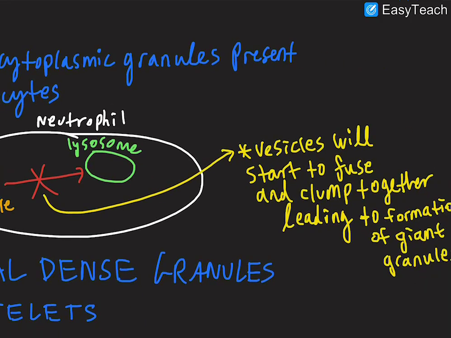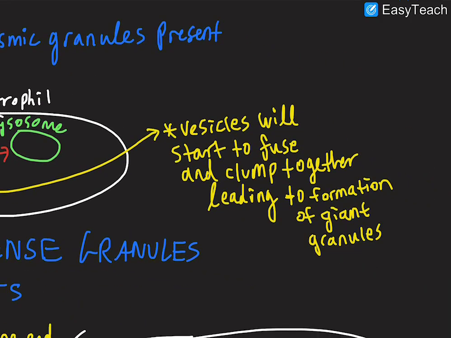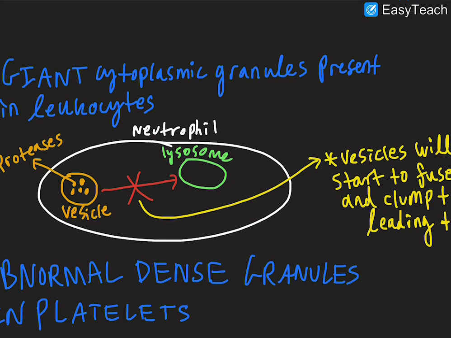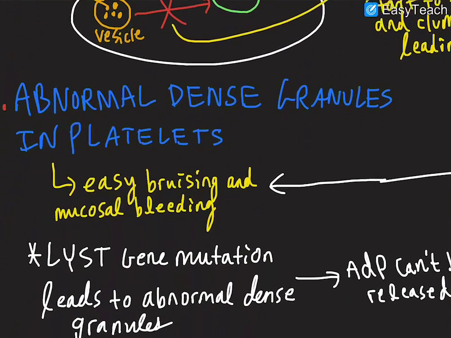Okay, so if you can't move around vesicles or granules properly, your vesicles can start to fuse and clump together, leading to formation of giant granules. They're going to obviously start to clump together, because you can't move them around because of defective microtubules in Chediak-Higashi syndrome. Okay, so that's another finding that we've already discussed.